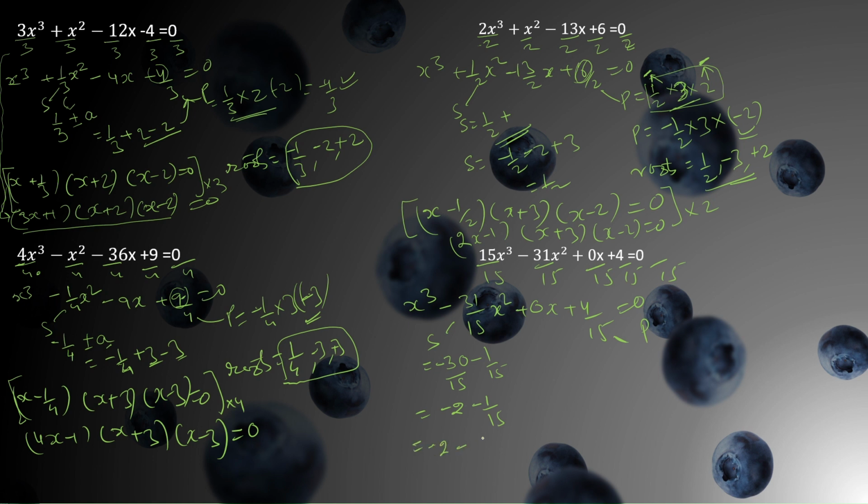So let's start from the sum. Just simplify the sum. The sum can be written as minus 30 minus 1 by 15. So it's minus 2 minus 1 by 15, and this is minus 2 minus 1 by 5 cross 3.